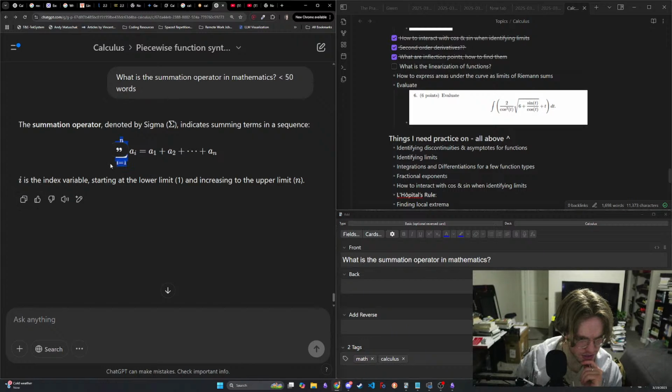So this is our starting index, or I guess the lower limit. And then we just increase by summing them all. And then this is the ending one. Okay, seems reasonable to me.